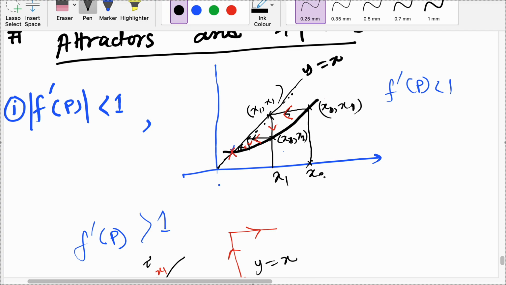Anyone can say that I can have a point here, suppose x0, which will not be attracted by this point. Then to check that point, I have to again draw a cobweb diagram and show that no, for that x0 also it goes towards the fixed point.